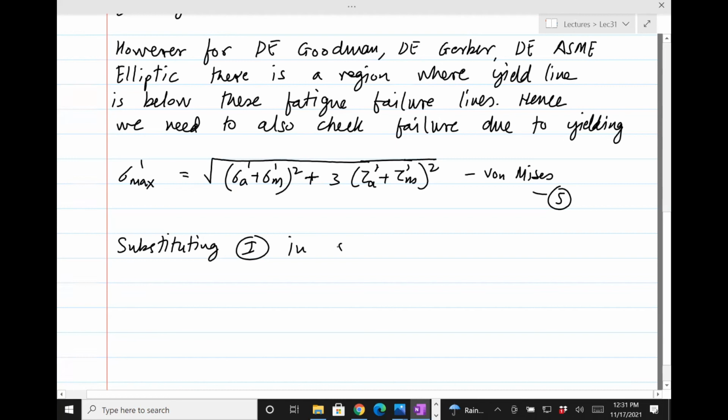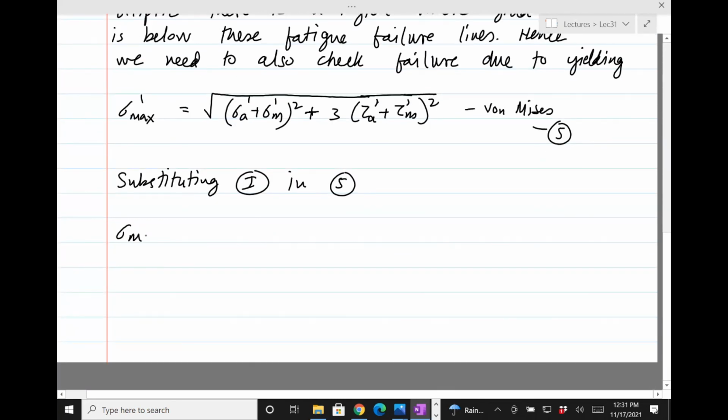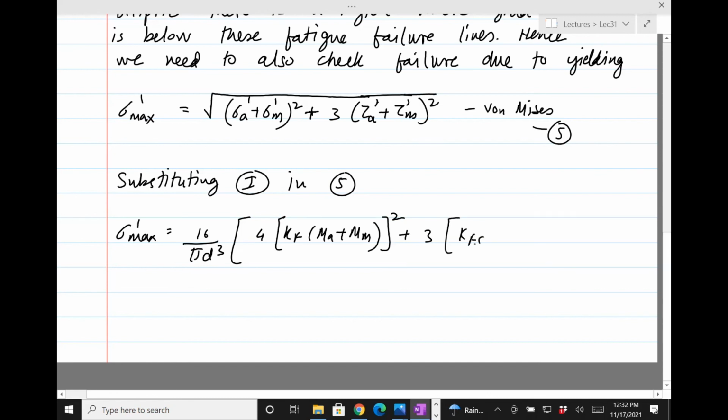In 5, we have sigma max equals 16 divided by pi d cubed, square root of 4 times Kf (Ma plus Mm) squared plus 3 times Kfs (Ta plus Tm) squared, and then I need to take the square root of the whole thing.